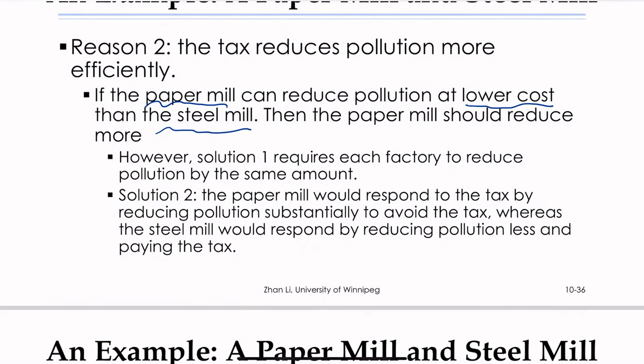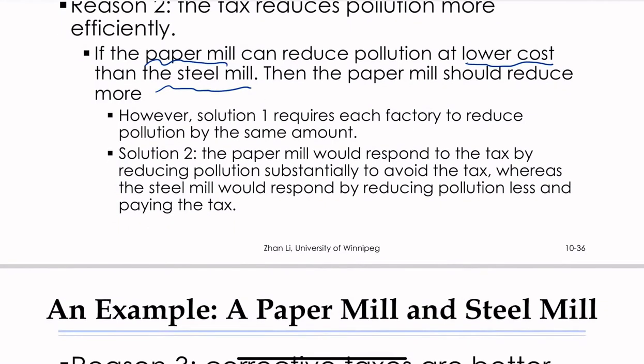So for me, maybe it's better to just reduce pollution a little bit and I will just pay taxes because reducing pollution even more will cost a lot because I have terrible clean technology. So you can see that this market-based approach gives each firm the opportunity to make their optimal choice to determine what level of pollution they exactly want. So this has very nice incentive effect.